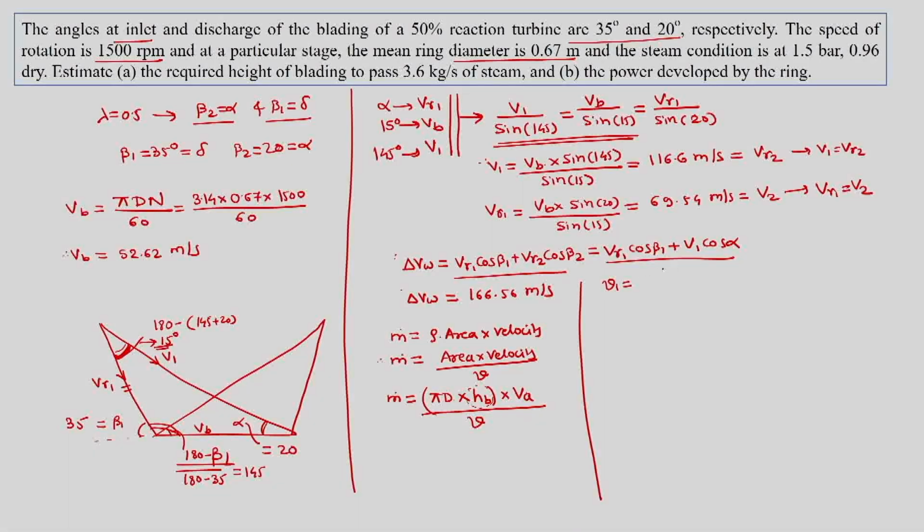Specific volume can be found out from the state that it is at 1.5 bar and X is equal to 0.96, and this gives us v1 at that state as 1.114 meter cube per kg from the steam table. So once this is known, we can make use of the fact that VA is equal to V1 sin alpha.